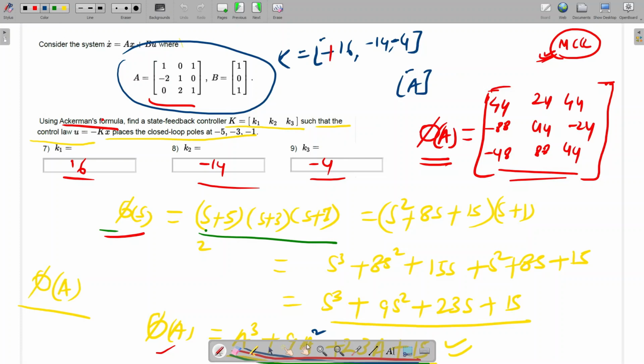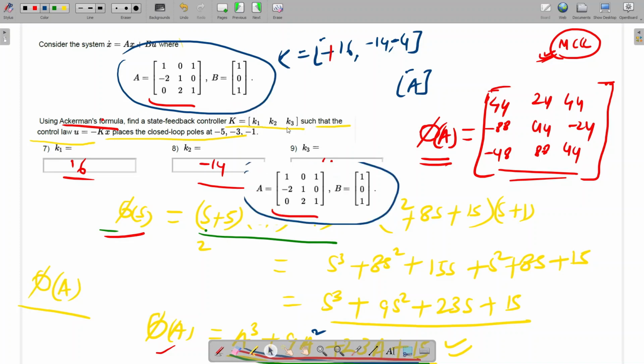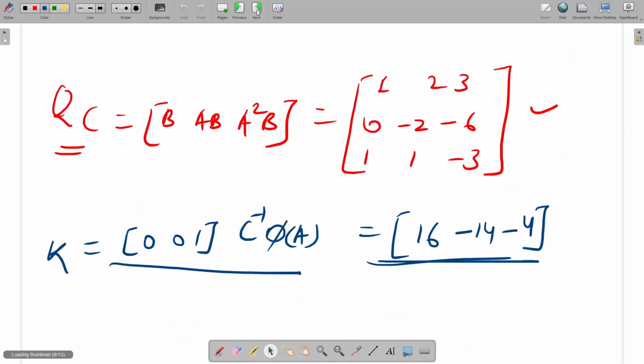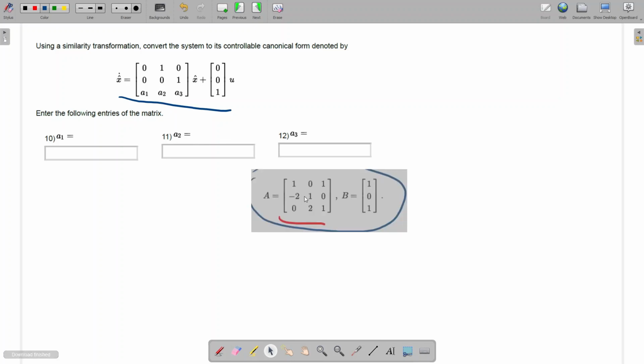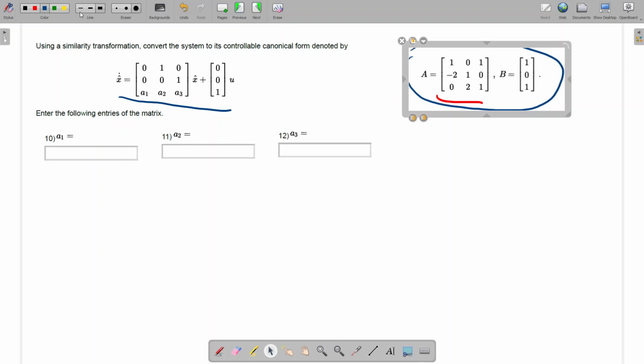I will just copy it. So this is the matrix given, and we have to convert it into this form.